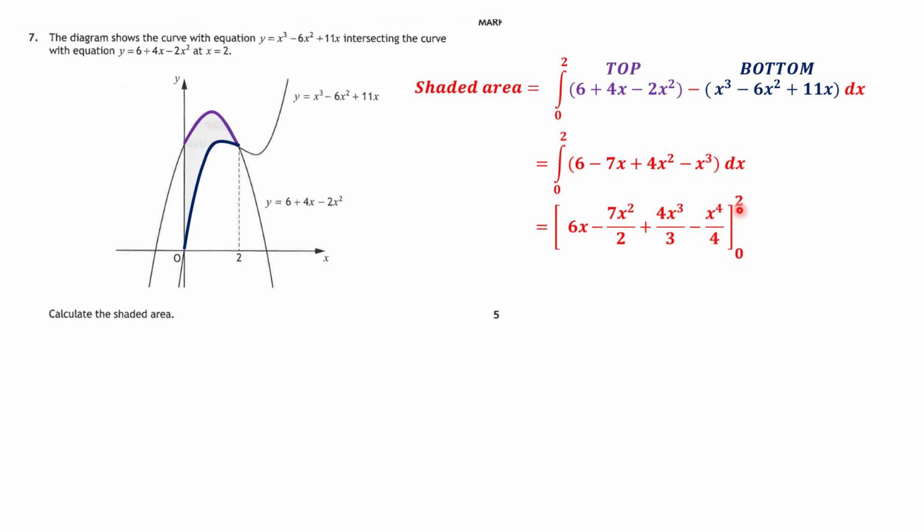The next step is to replace x by 2 and then by 0 like this. Now, what I've done here is I've replaced x by 2 here, and I've got minus 0. That's because every term has an x in it, and when x equals 0, all of this will just be 0.